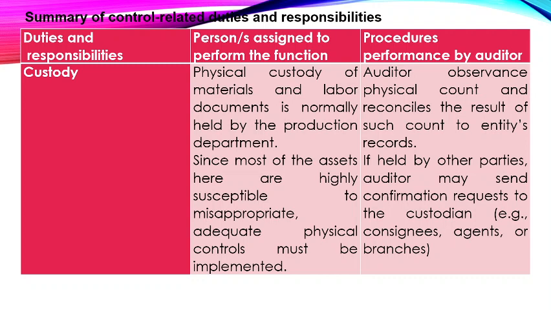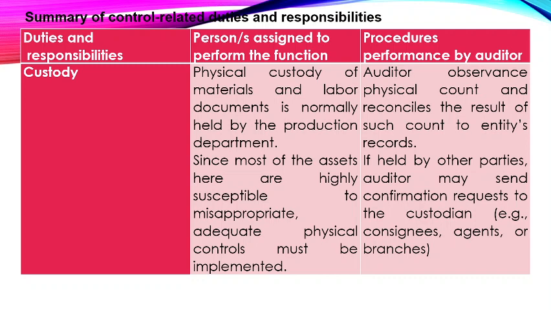So, custody: assigned persons perform the functions. The physical custody of materials and labor documents is normally held by the production department. Since most of the assets here are highly susceptible to misappropriation, adequate physical control must be implemented.